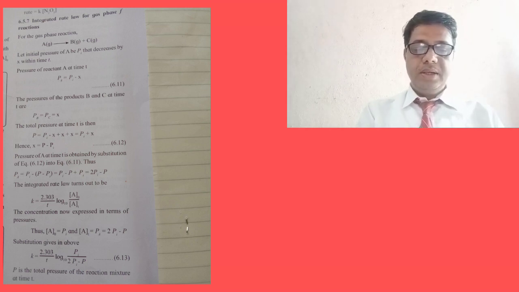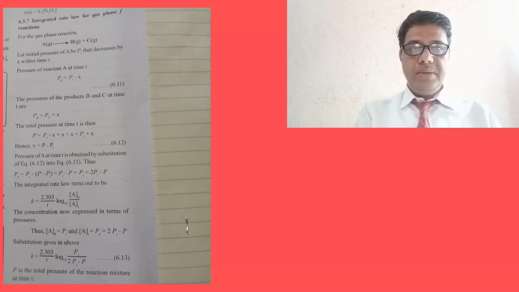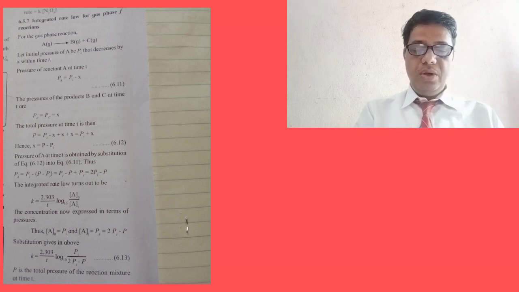We put this value of X in equation 6.11, that is Pa is equal to Pi minus X. Therefore the equation becomes Pa is equal to Pi minus in bracket P minus Pi. On solving this bracket, we obtain Pi minus P plus Pi, which is Pi plus Pi. It gives 2Pi minus P.